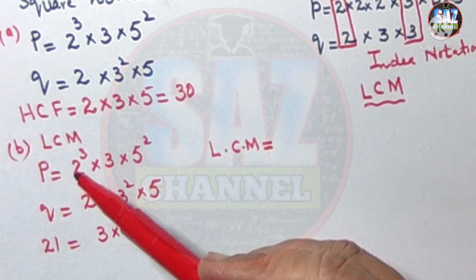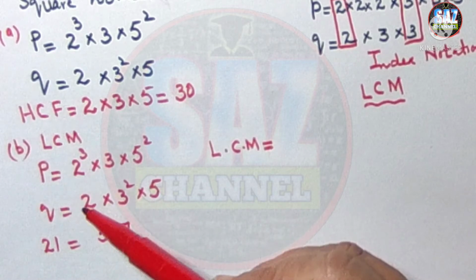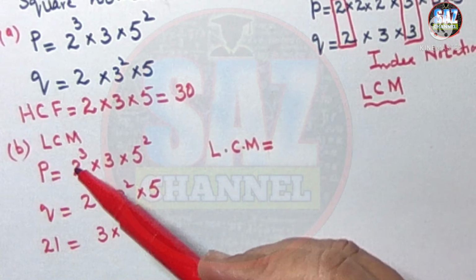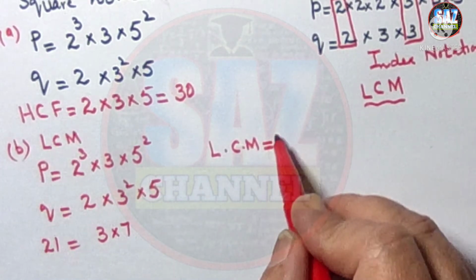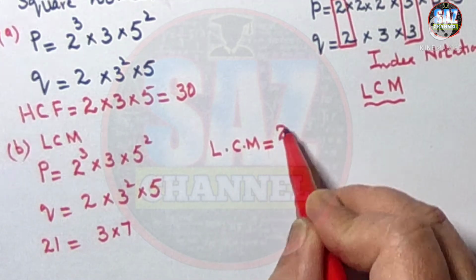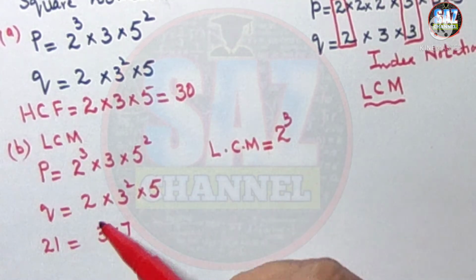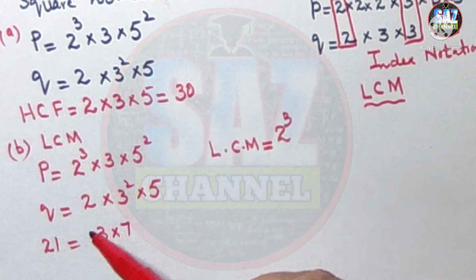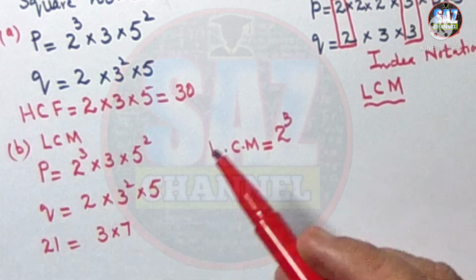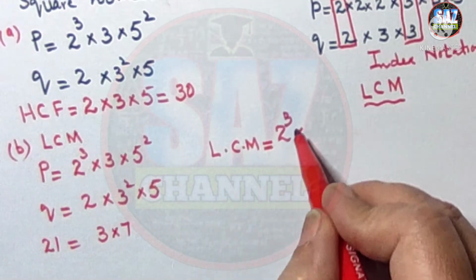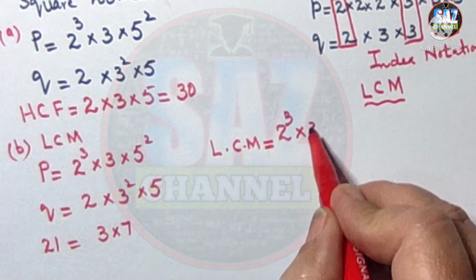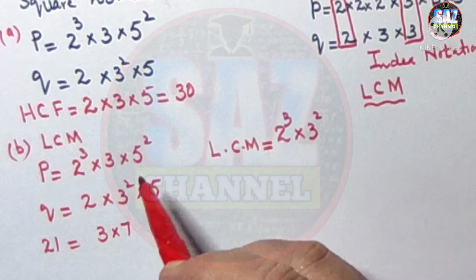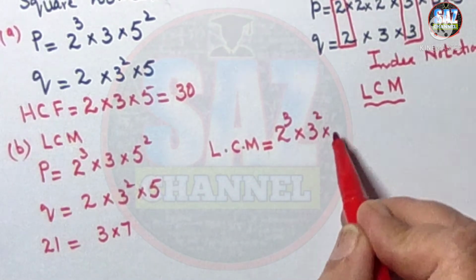Now if we look at the question, we can see 2 is coming here, 2 raised to power 1, and here 2 raised to power 3. So from 2's I have 2 cube. Moving to 3, here 3 is coming with power 1, here with power 2, and again with power 1. So the largest power of 3 is 3 square, and for 5 it is 5 square.